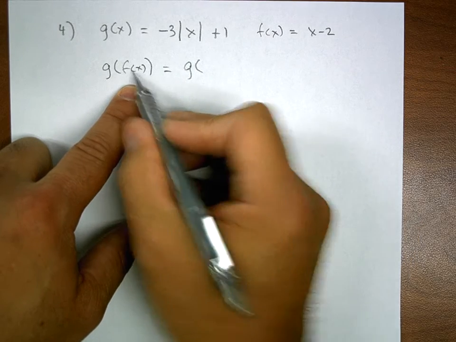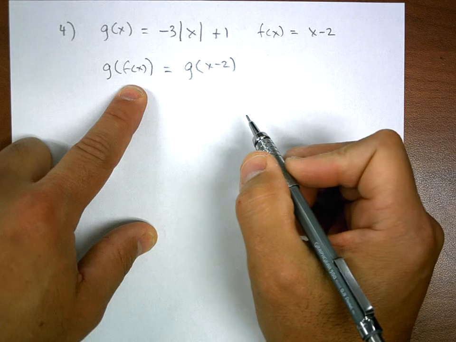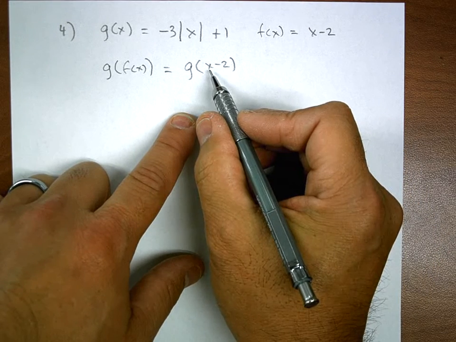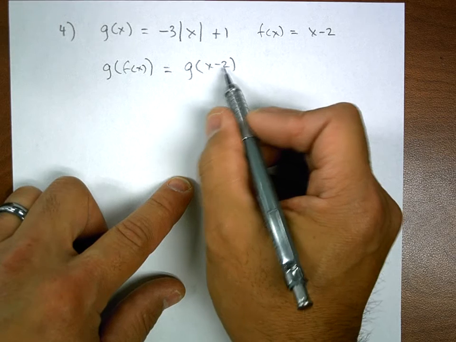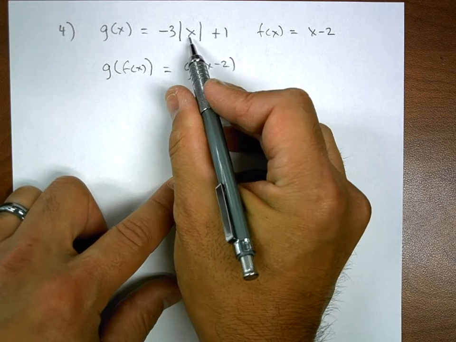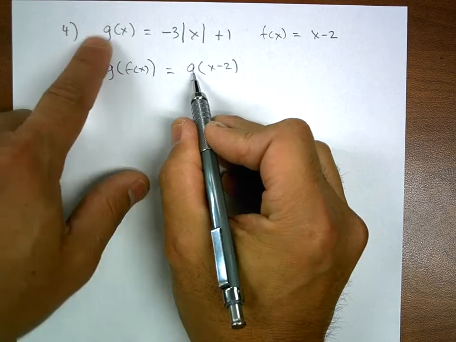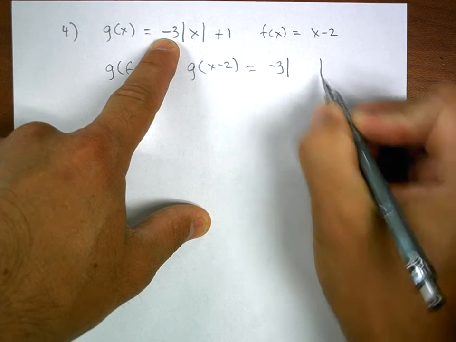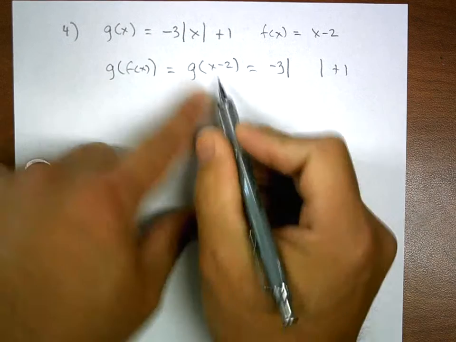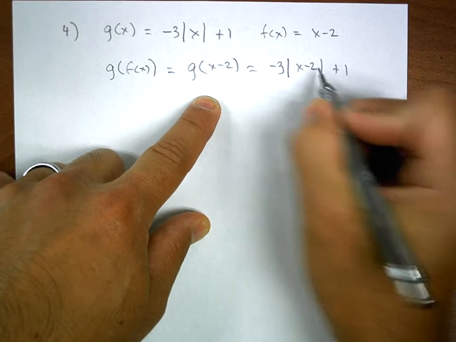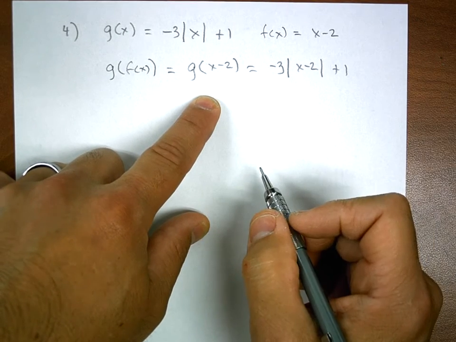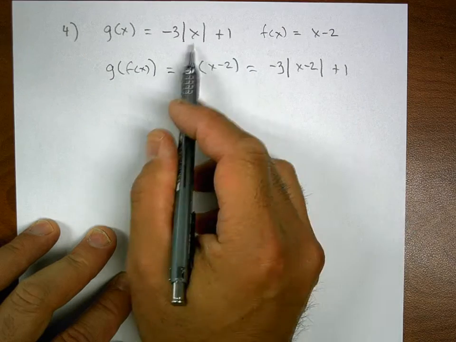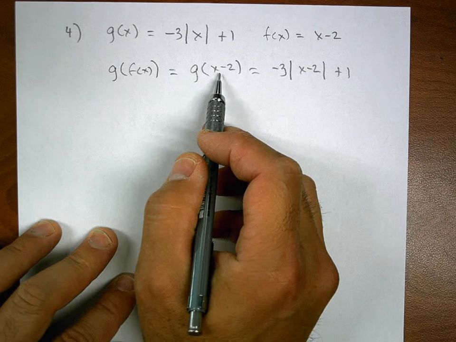So where do we put the x minus 2? Substitute it for x in the g function. So this is negative 3 times the absolute value of x minus 2, plus 1. I think we're pretty good at graphing these now. In place of the x, we put x minus 2.